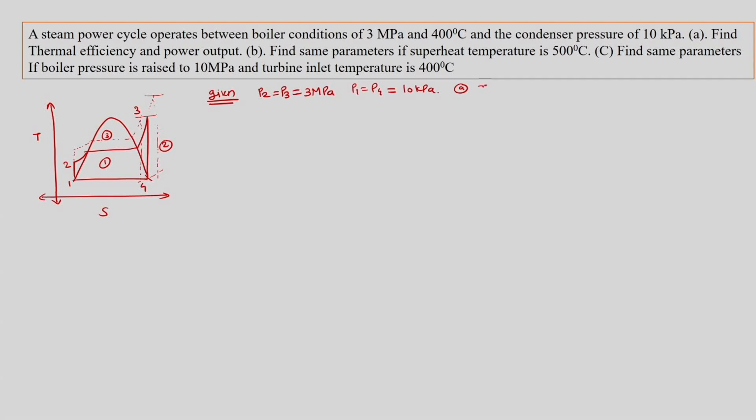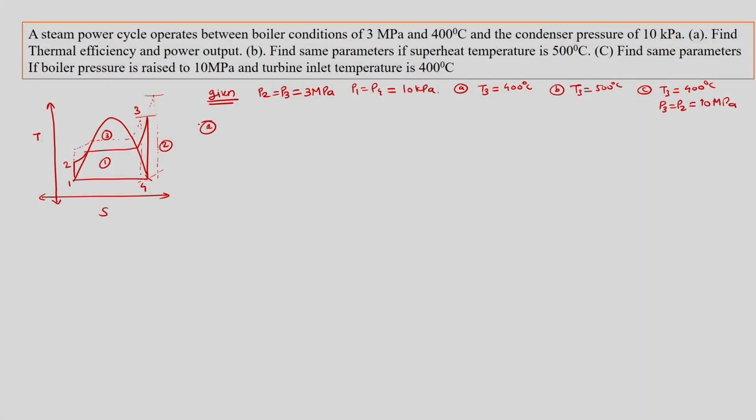In example A, T3 is equal to 400 degrees Celsius. In B, T3 is equal to 500 degrees Celsius. And in C, we have T3 is again 400 degrees Celsius, but P3 is equal to P2, having a raised value of 10 megapascal. So we will solve A first.